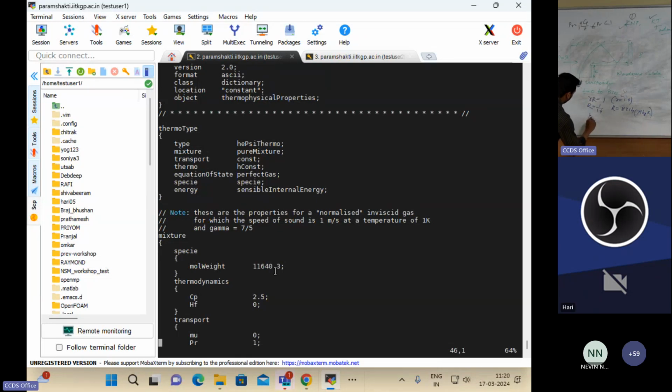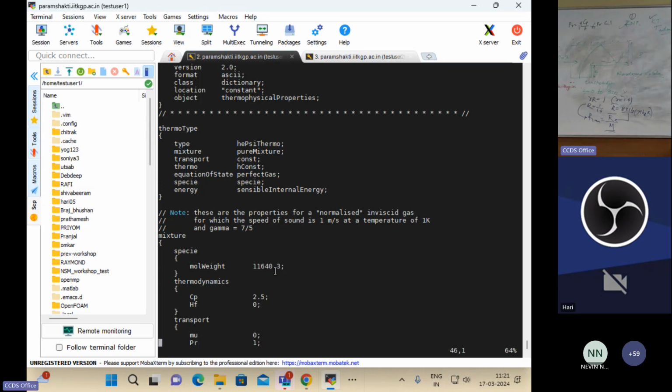But you need R of some non-dimensional gas, which will be R bar divided by molecular weight. R of the non-dimensional gas is 1 by 1.4. This is 8314. And then you can find out the molecular weight and then you can substitute over here. This is what it will come out.